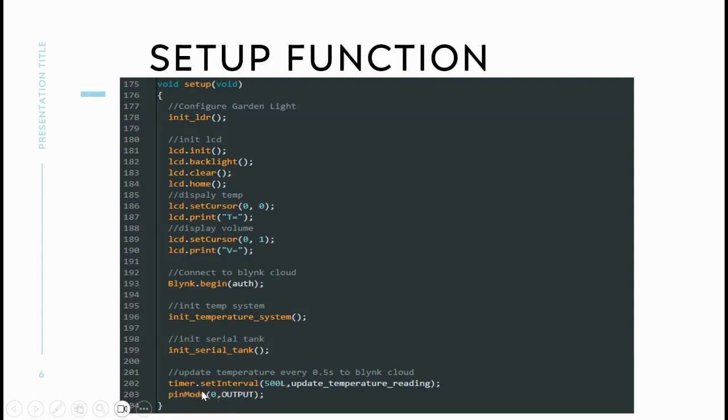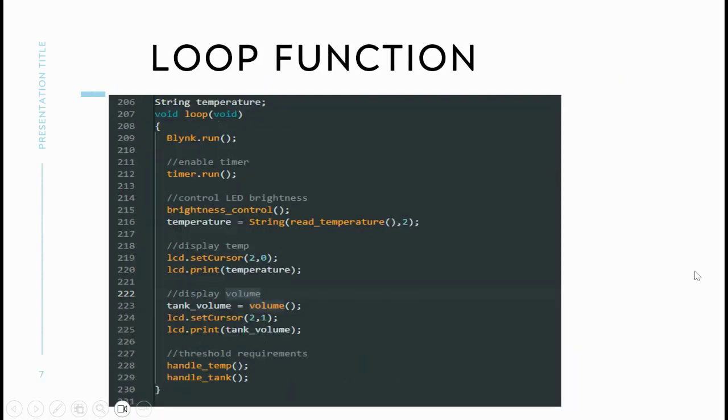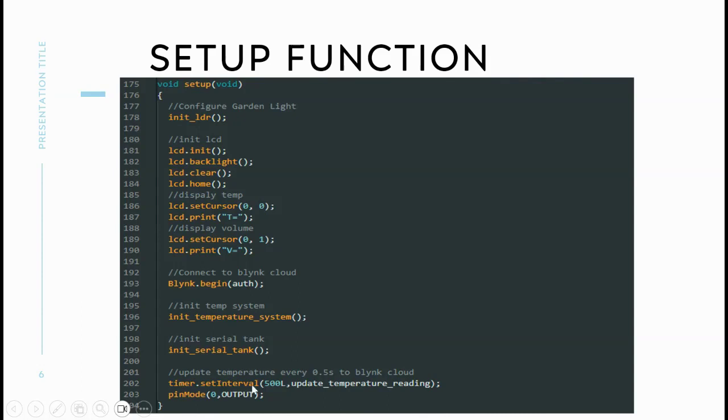It's added as a debug line, so you can ignore this. Then here in the loop function, Blynk.run runs continuously, connects to the Blynk cloud and then transmits the necessary information and so on. Then timer.run sets up the timer to execute this line every 500 milliseconds.